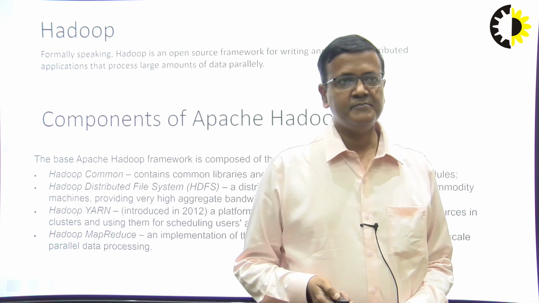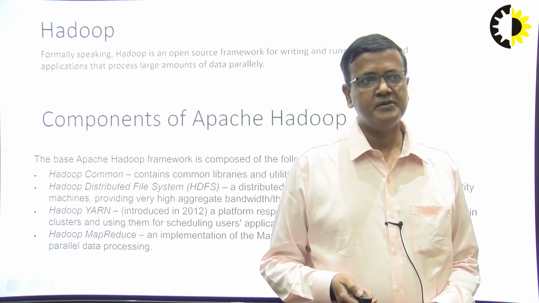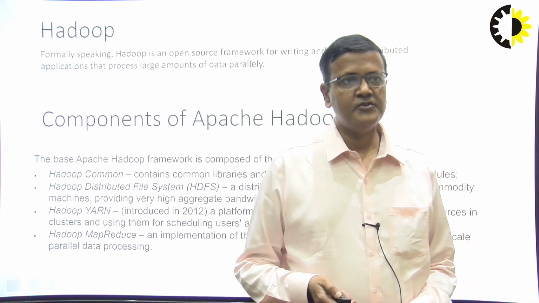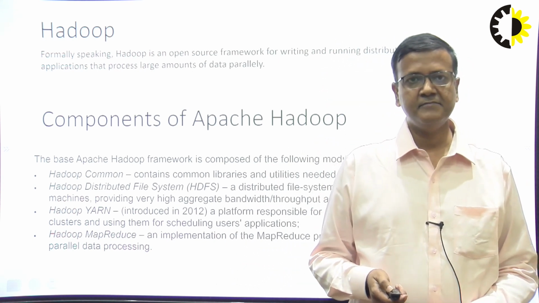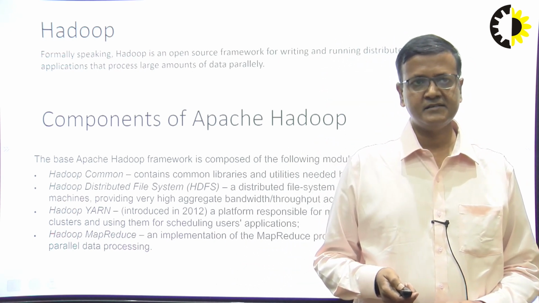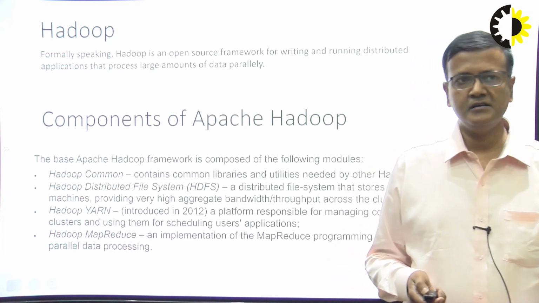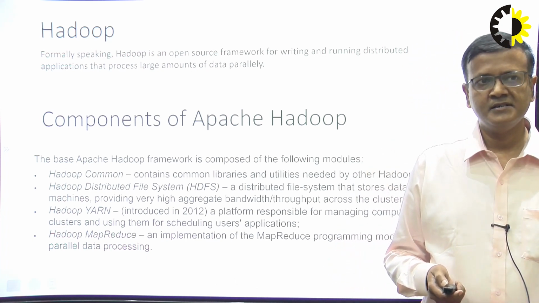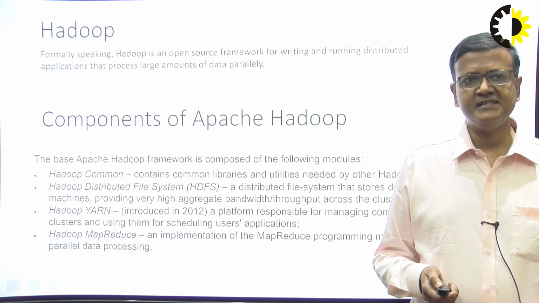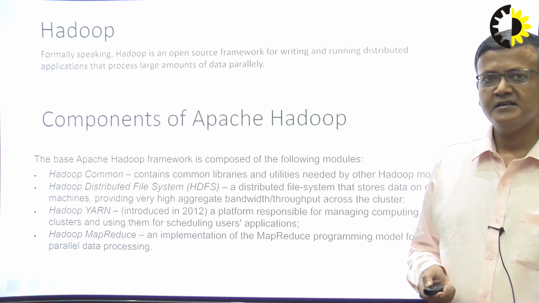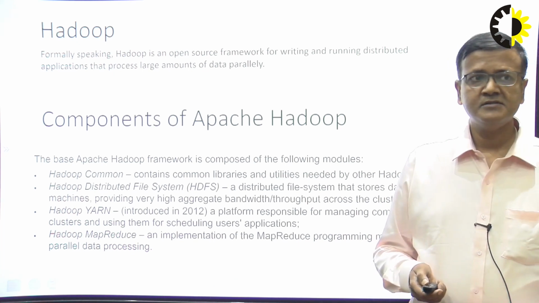Now coming to the components of Apache Hadoop. The Apache Hadoop framework is composed of basically 4 components. First is your Hadoop Common, which contains the common libraries and utilities needed by other Hadoop modules.